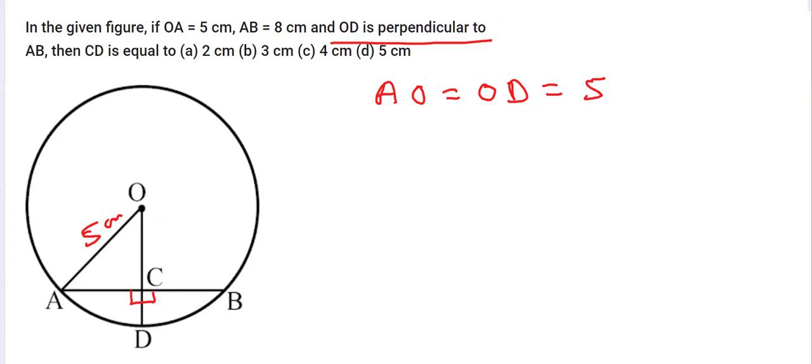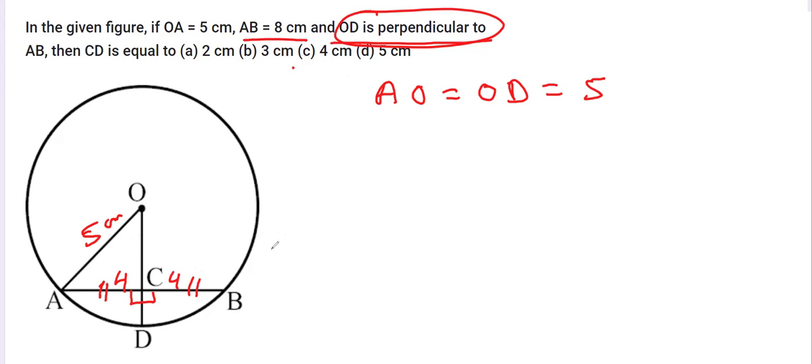Now, the next thing that you have to see is that whenever a perpendicular is drawn from the center, it bisects the chord. Means to say AC must be equal to BC. We already know the length of AB, AB being 8. So can I say that AC will be 4 and BC will also be 4.